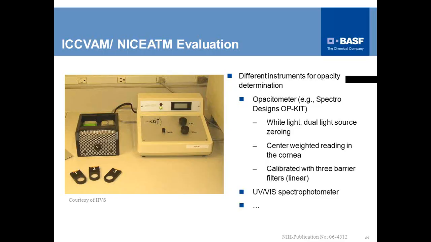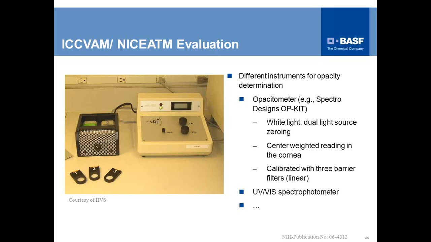So this slide is introducing to you the different instruments that have been used in the background review document studies. Again, we show here the opacitometer from Spectro Designs. I've listed here some technical information on the device. The opacitometer is using a white light. It does have two light sources for zeroing.